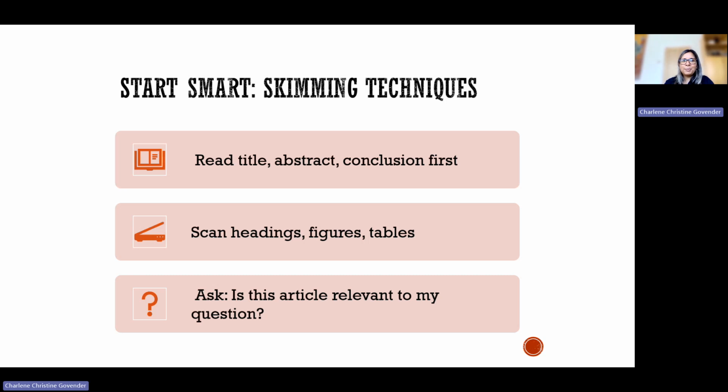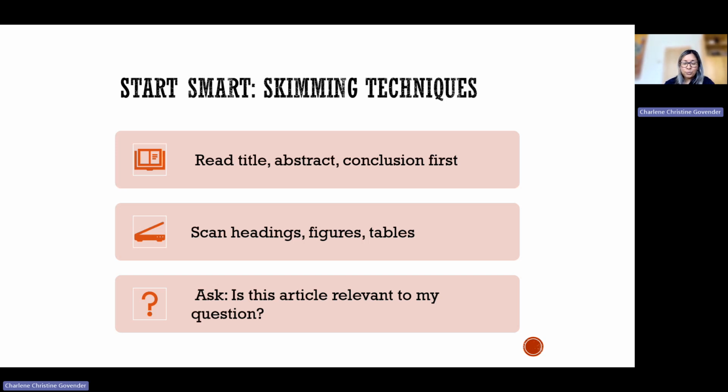Okay, so start smart with skimming techniques. Before committing to reading an article in detail, skim it first. The title will give you a broad topic, while the abstract provides a summary of the purpose, methods, and findings. I'll be honest, I sometimes will just skim the article's abstract, and that's most of the crux of the information.